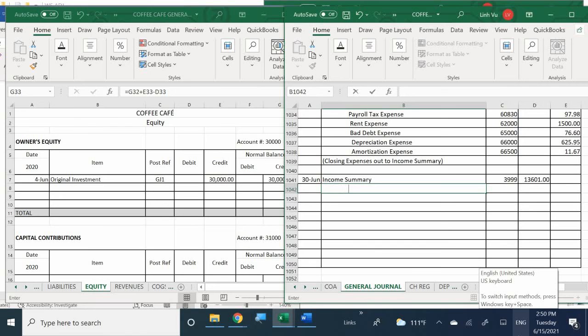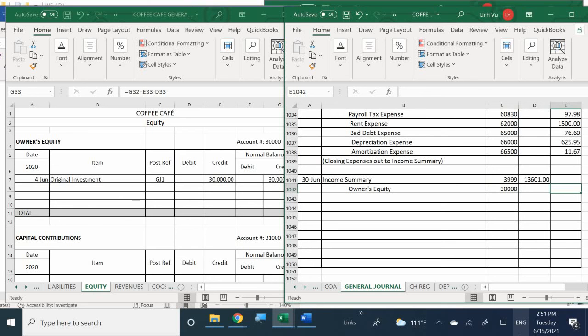So when you credit your owner's equity, what does that mean? You made money. Yes, but in terms of debits and credits, what does it mean?